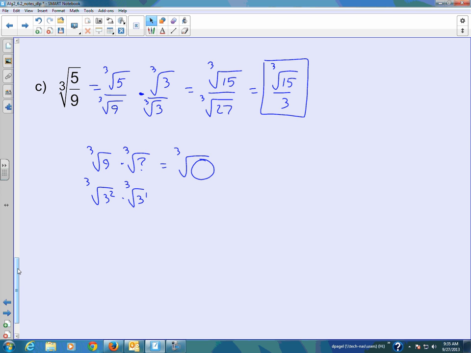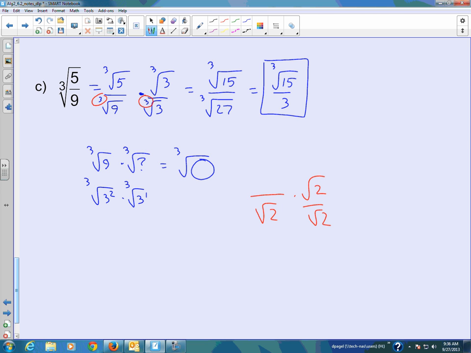So beware of radicals in the denominator. We must rationalize them. And prior to doing this section, we always had radicals that were square roots. And so what we always did was we just multiplied by the same thing that we see down in the denominator. We cannot do that anymore when it's not a square root. I need to make perfect, in this case for problem C, I had to make perfect cubes.